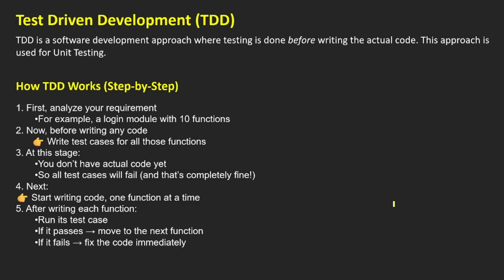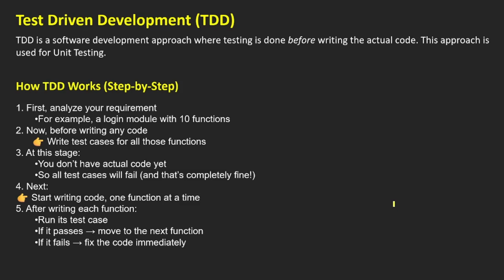So as a developer, you will write those 10 functions, and then you will start writing the unit test cases to test those functions, right? And finally, you will execute your test cases to find out if your login functions are working correctly or not. This is the approach which we follow in the traditional way of development, right?